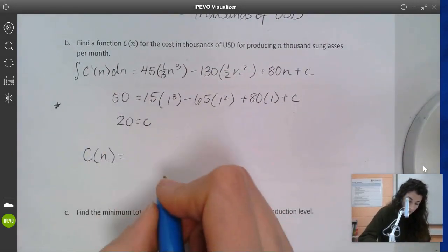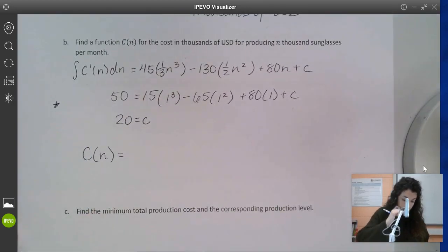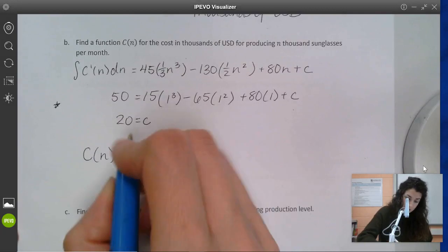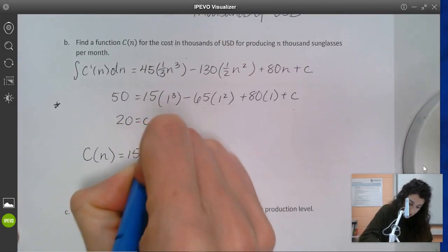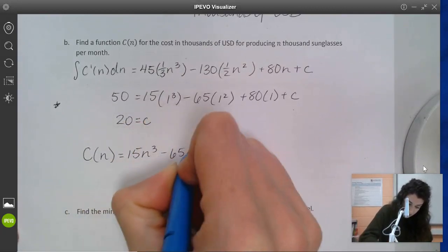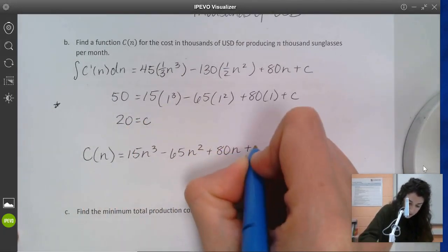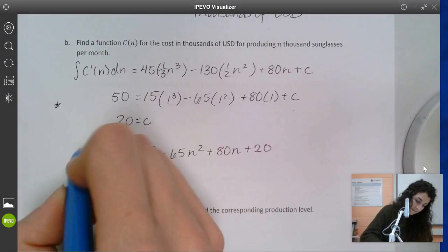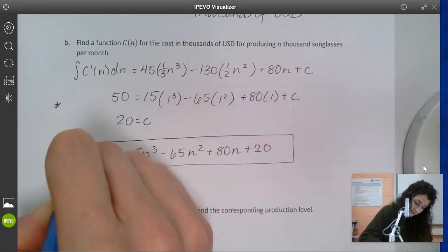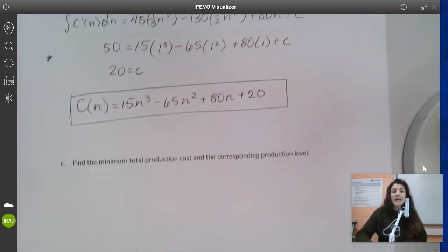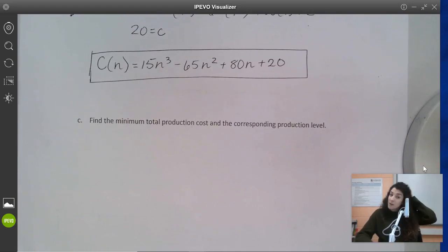Our integral of this function, the cost in thousands, is going to be 15n cubed minus 65n squared plus 80n plus 20. Okay. It then says to find the minimum total production cost and the corresponding production level.